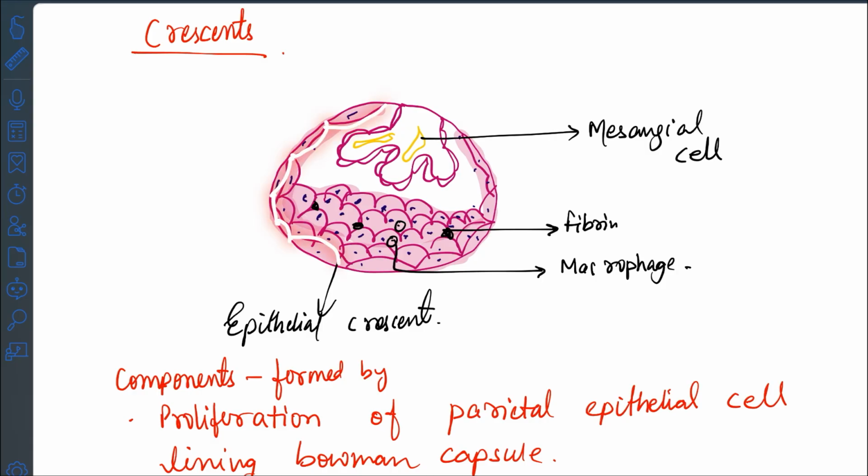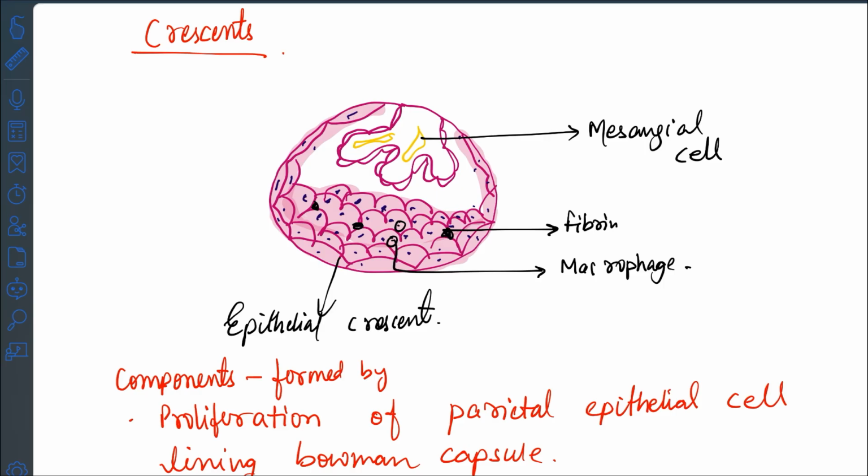These cells which are lining the Bowman's capsule, they actually start proliferating abnormally. सेल कुछ इस तरह से divide करते हैं कि जो shape form होता है, you can see a semi-lunar kind of shape form हो जाता है. Can you appreciate this semi-lunar shape, जिसको otherwise crescent भी बोलते हैं.